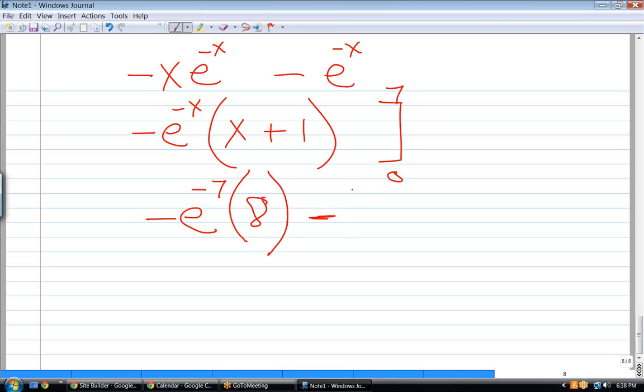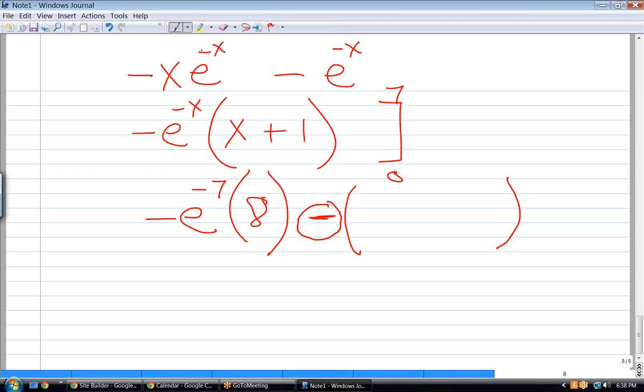Minus, because we have to evaluate the lower end of it. And always use parentheses here, otherwise you're going to lose track of that minus sign.